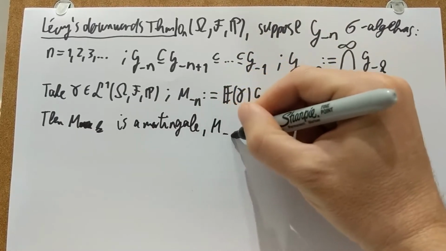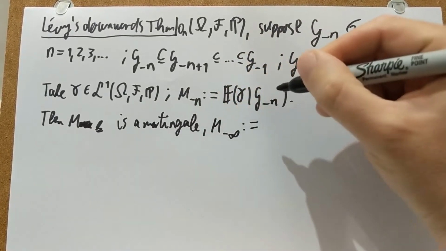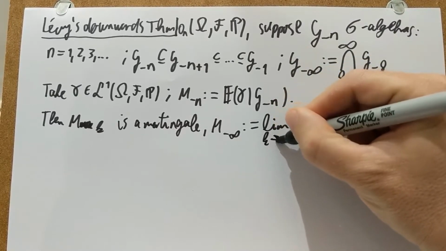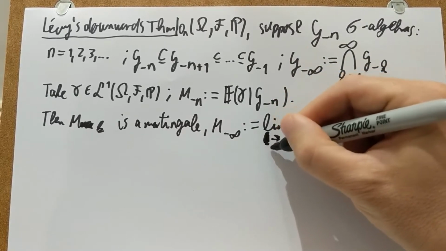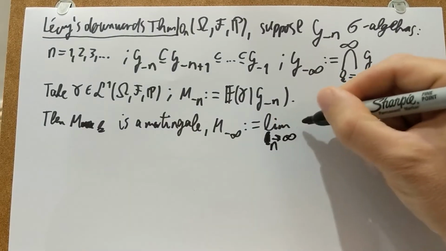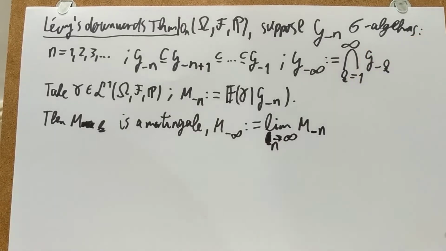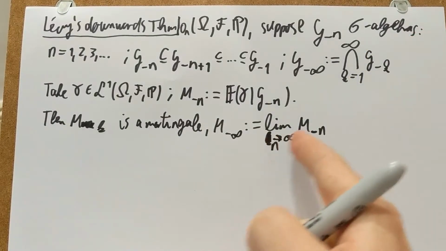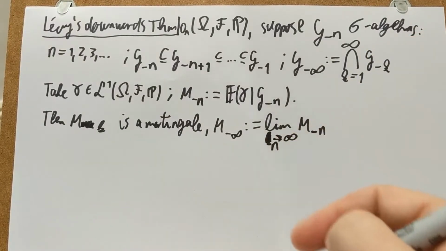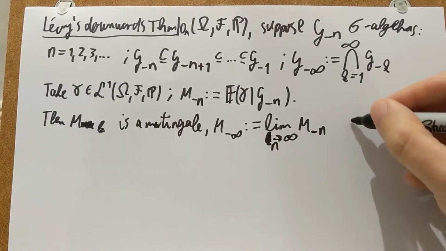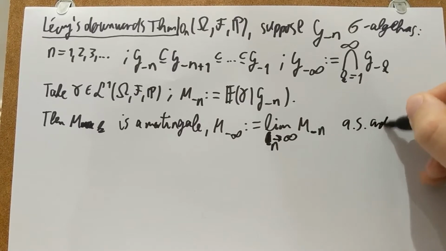M of minus infinity is defined as the limit as n goes to infinity. There is always this ambiguity of whether using minus n or plus k. As we're looking at more and more negative indices, this limit will exist almost surely and in L1.